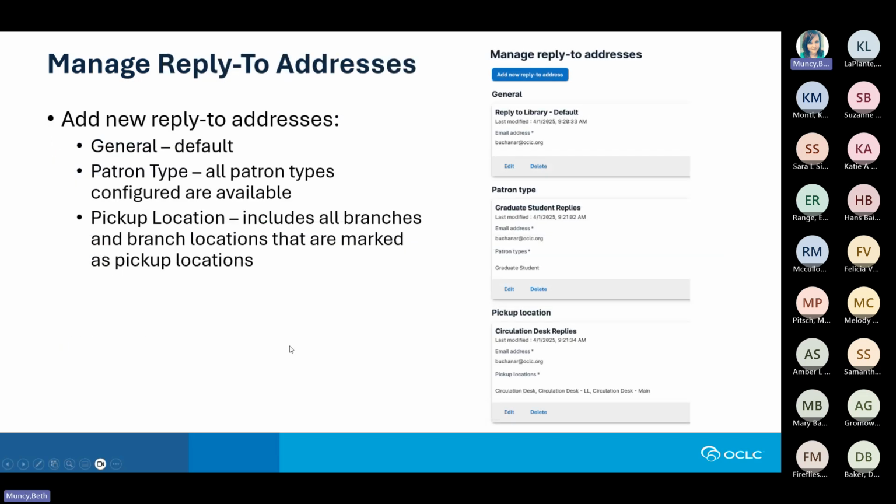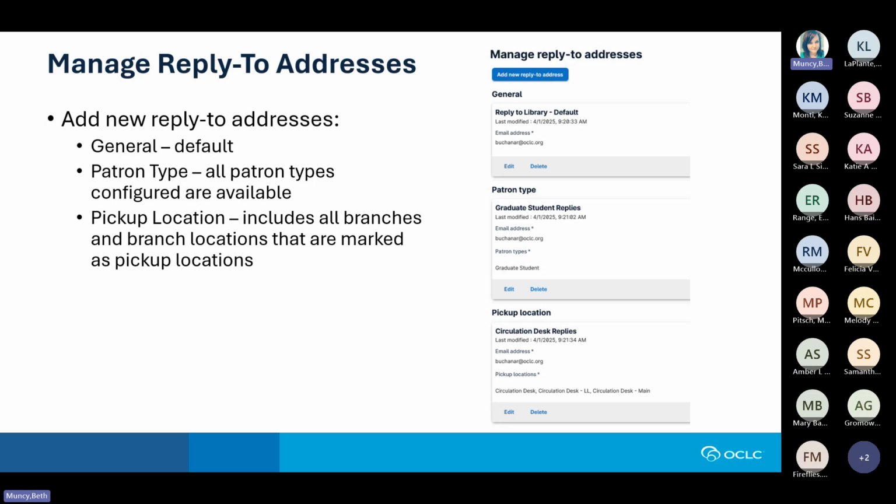Another new feature that will allow you to manage reply to addresses, and this is to me one of the most exciting parts of this update, is that instead of the emails for notifications coming from noreply@oclc.org, which your students and staff and faculty have no clue what it is, you can configure your own addresses for reply to, and you can do a variety of them if you want to do multiples.